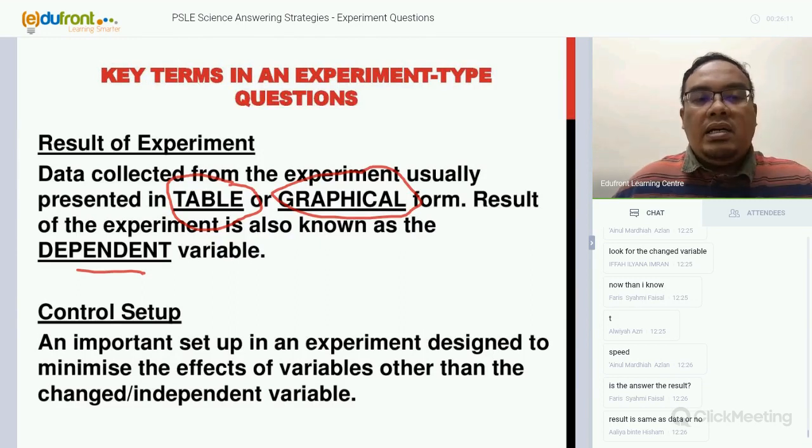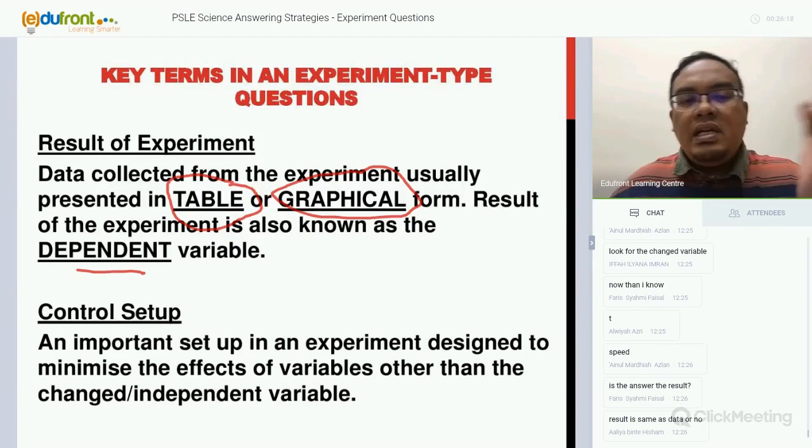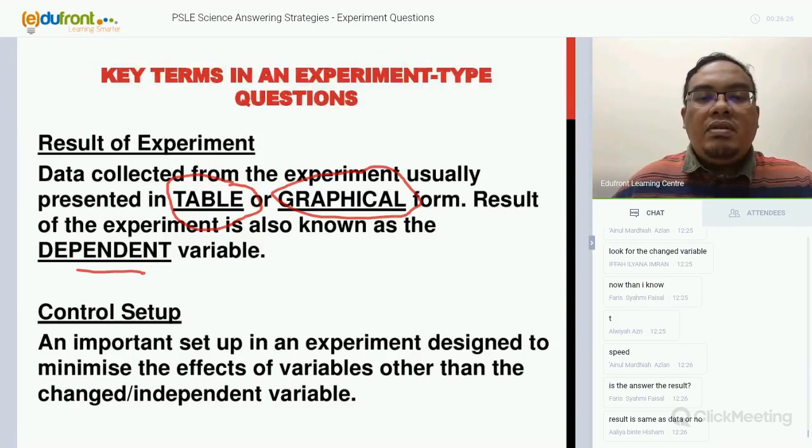Now, you don't really have to know. Some students are confused: teacher, is it result or do we call it dependent? Various schools call it differently. From my survey of students in different schools, some of your teachers refer to it as the result of the experiment, and some teach you dependent variable. So it doesn't matter. The main thing is you understand what you're writing and you understand the statement itself.